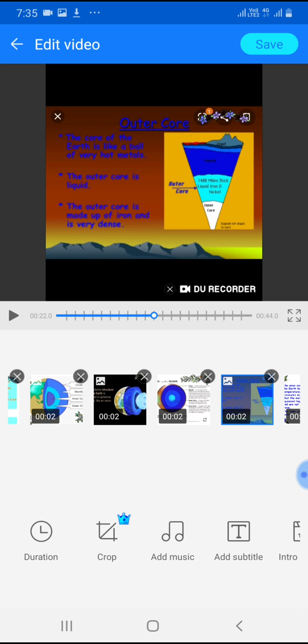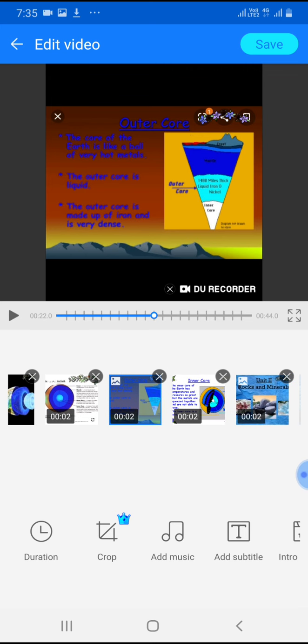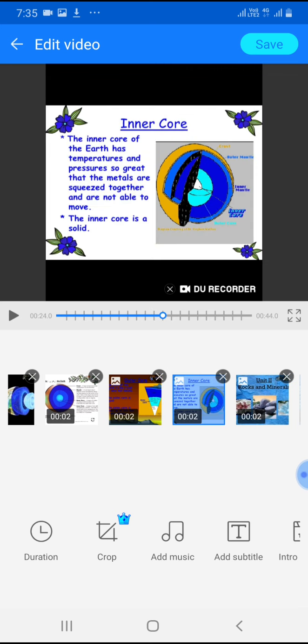I will show you the picture of the inner core also. See, this is the picture of the inner core. A mass of iron with the temperature of 3870 degrees Celsius. Normally, iron would melt at this temperature, but immense pressure on it keeps it solid.